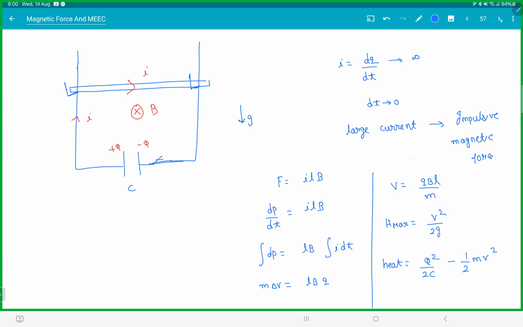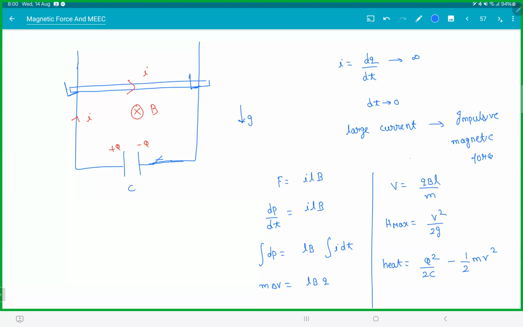Clear with this? Can I explain the heat again? Initially, what is the energy stored in the capacitor? Q square by 2C. Once you close the switch, the capacitor energy becomes 0. And the rod has a kinetic energy of half mv square, meaning some part of the capacitor energy became kinetic energy.